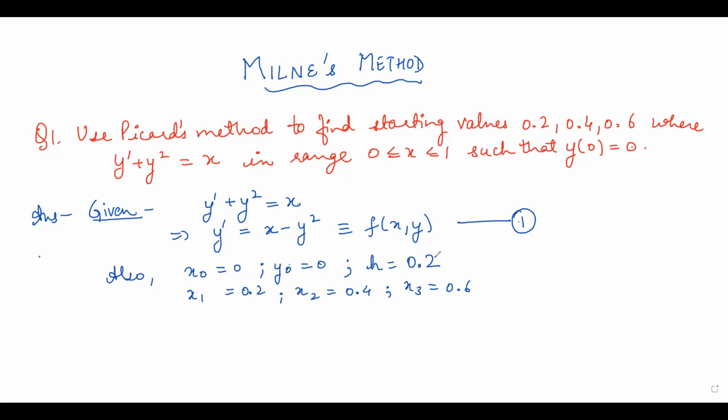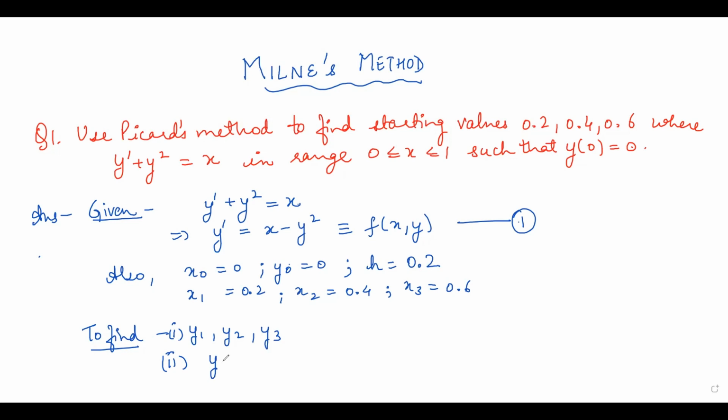Now what we need to find out, first of all, is y1, y2 and y3. That's the first part. And in the second part, we need to find out the value of y at the other values.